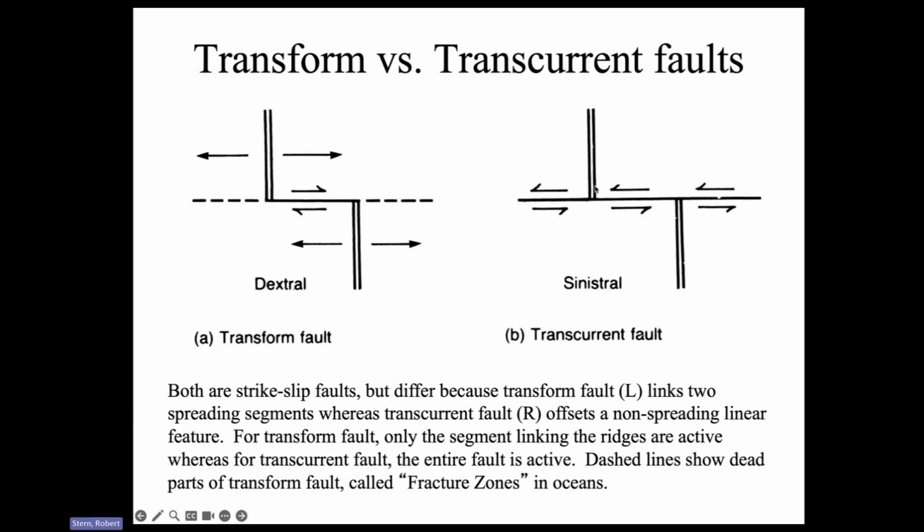But what Wilson saw was something different. He said, look, these zones of seafloor spreading from Dietz and Hess are connected by a fault that's not a seafloor spreading zone. And this is the only active part of the fault. These parts off to the sides are not active. This plate is together.